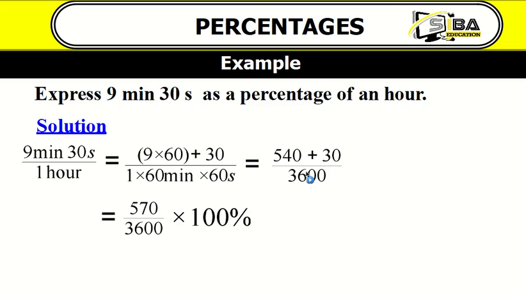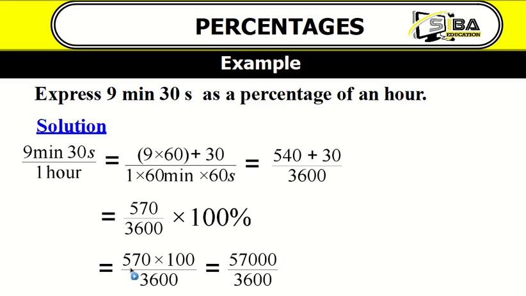Remember, we are converting it to percentage. And so we can do the cancellation now. 570 times 100 over 3,600. We can simply use these 2 zeros down here to cancel out this. And remember, 36 and 570, 6 can go into both, giving you 95 and 6, 95 out of 6.